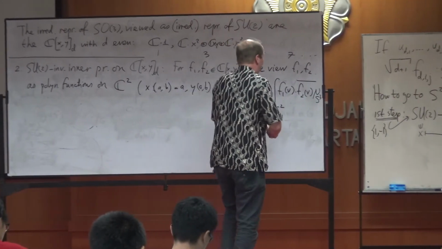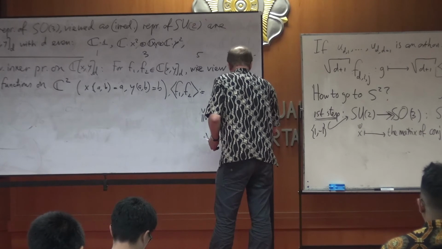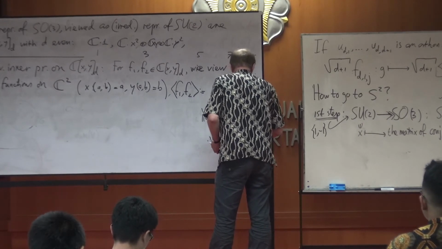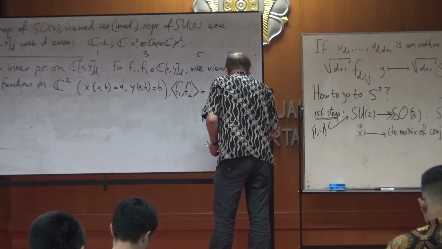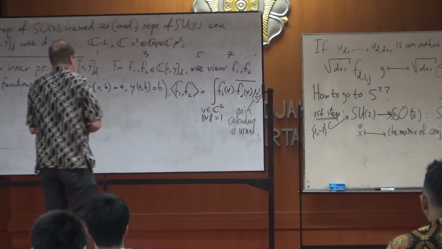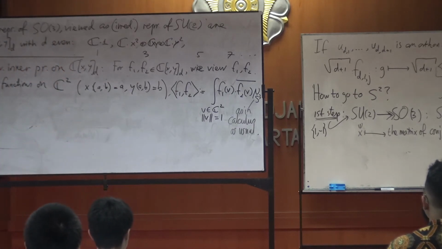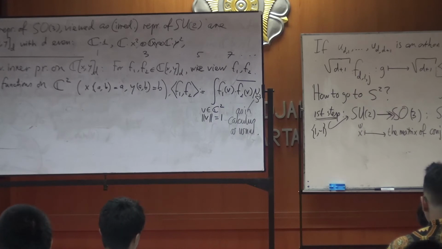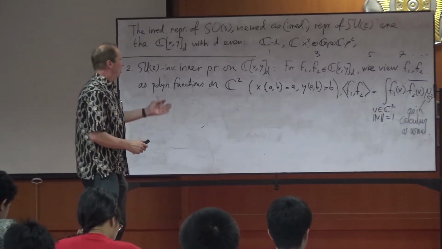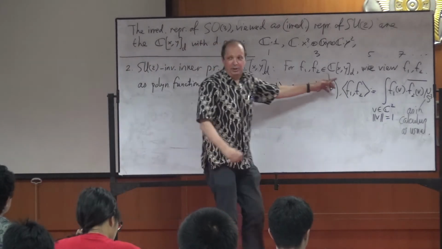So this is usual calculus, as usual, right? So that is the inner product that we take. It has the right requirement, and then the question is, what is my orthonormal basis then, right?